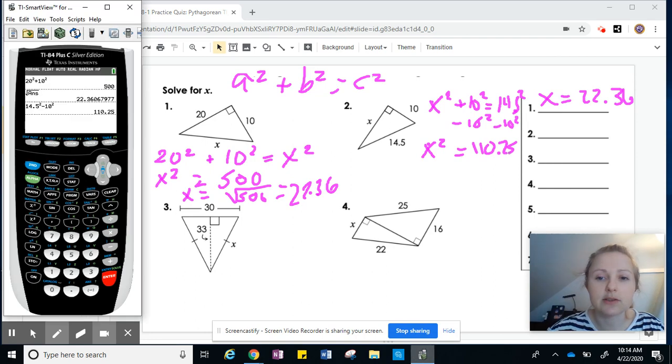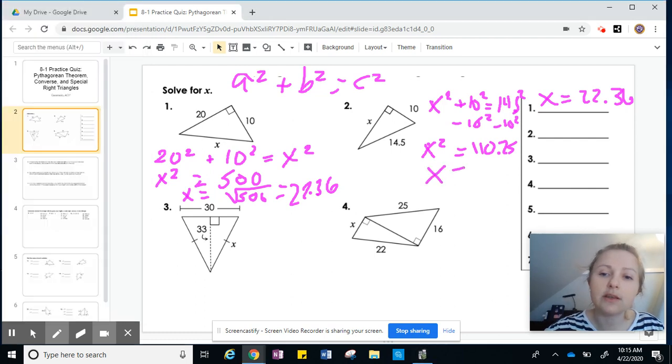And in order to get x alone, we need to take the square root. So again, square root of our answer. Try that again. So square root of the answer equals 10.5. So x equals 10.5.